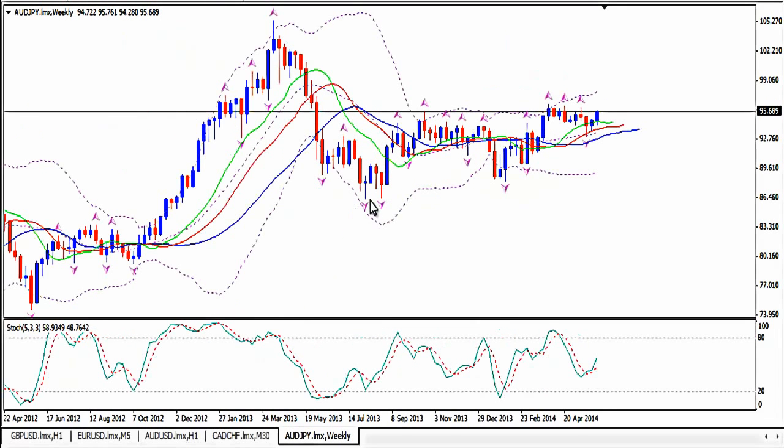On the weekly time frame, we see that stochastics go strongly up.